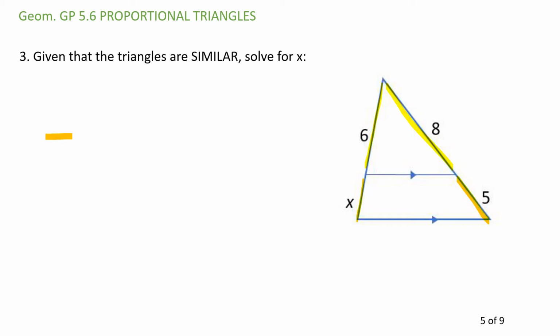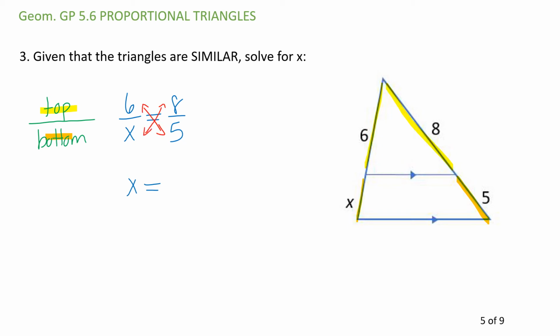I don't really have words for these. One looks like a long side and one's a short side, but they're not always going to be that way. So I'm just going to say top is to bottom, as a reference for how I'm going to set this up. So I'm going to say 6 is to x as 8 is to 5. You know how to solve proportions.